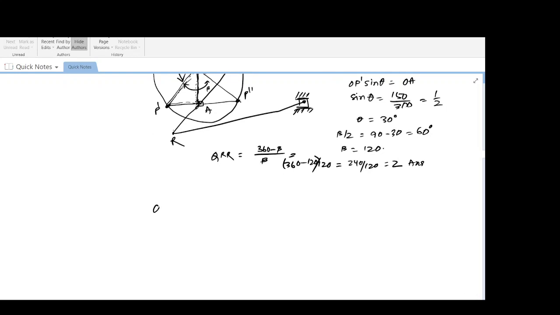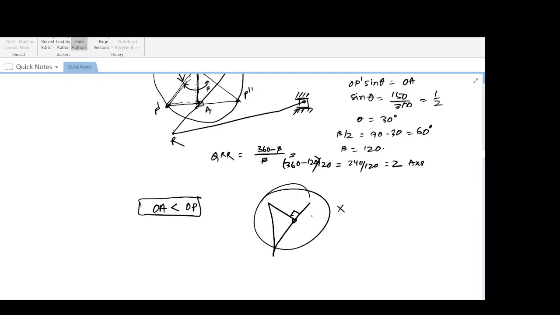So here OA is less than OP. So in the Whitworth mechanism, there won't be any situation where this 90-degree condition is achieved.